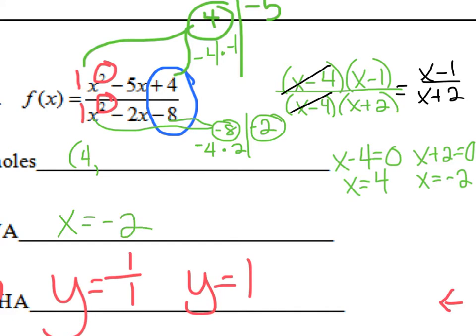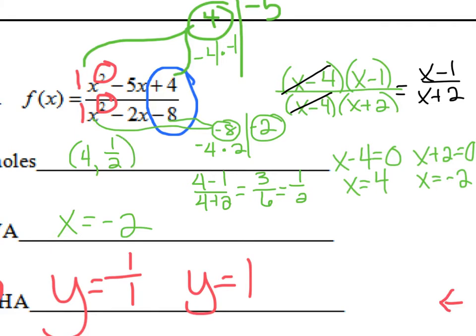Well, with the hole, once I have the x value, I have to replace it and find the y. So remember, we go back to the fraction we simplified, and we replace each x with that value, which in this case is 4. So we have 4 minus 1 over 4 plus 2. 4 minus 1 is 3. 4 plus 2 is 6. And that simplifies to 1/2. So my hole is at 4 and 1/2.